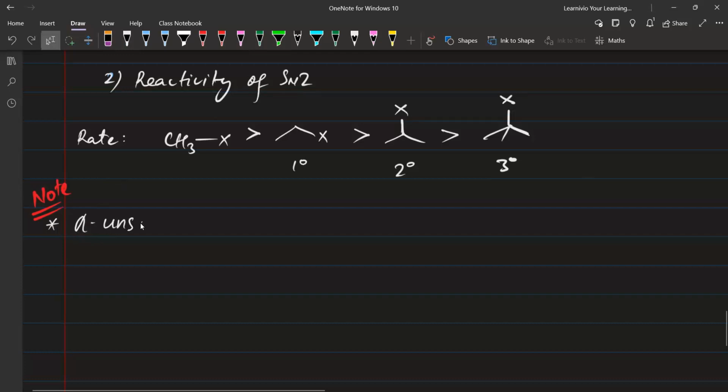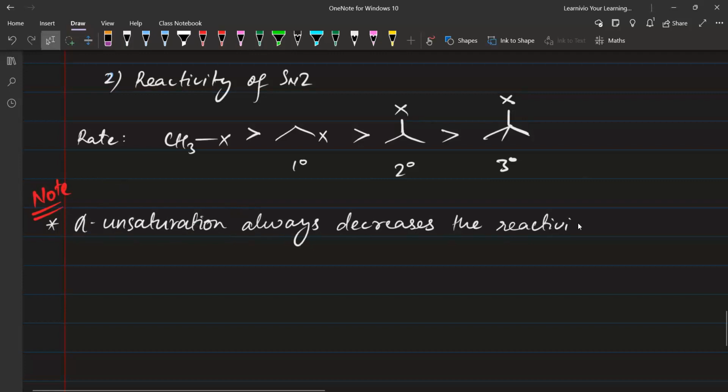Alpha unsaturation always decreases the reactivity of SN1 and SN2 both. The reactivity of both will decrease.